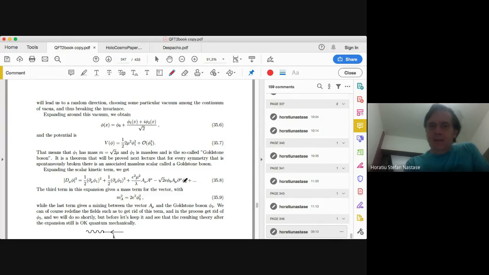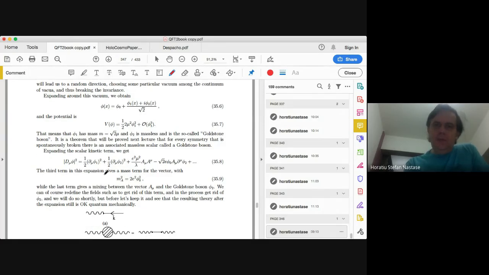And then I'll also have a mixing between A mu and phi 2, the square root 2 E phi 0 times A mu d mu phi 2. So all of this is the quadratic part, and then there's higher order parts.